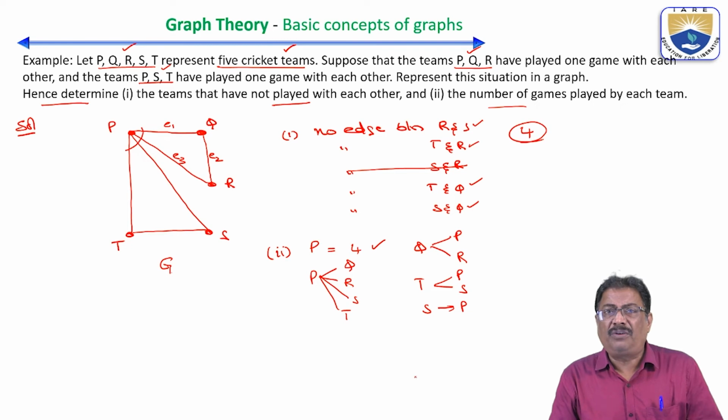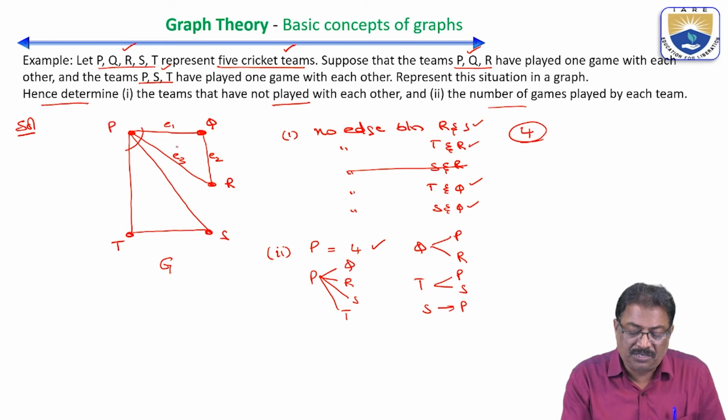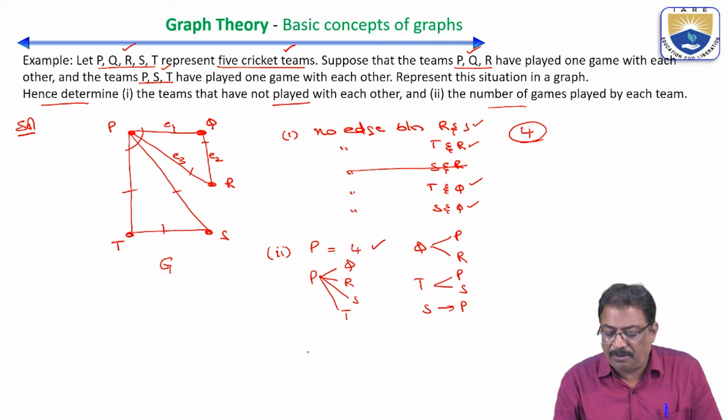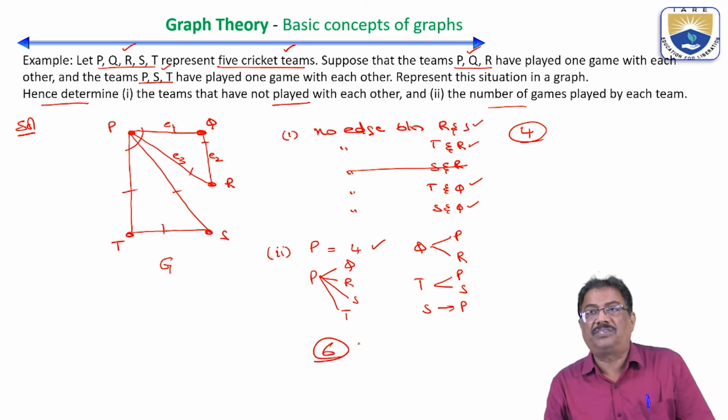So if you want to find out the total number of games that they are played, it means the number of edges. So here 1, 2, 3, 1, 2, 3, 4, 5, 6. So they played 6 matches.